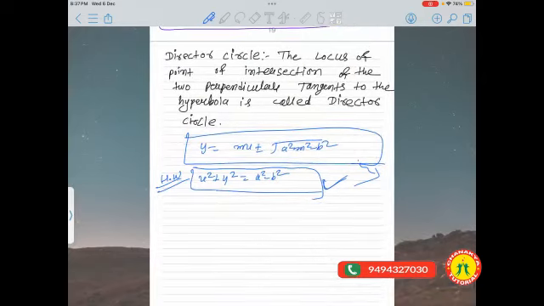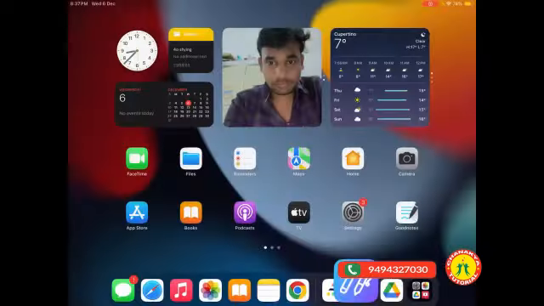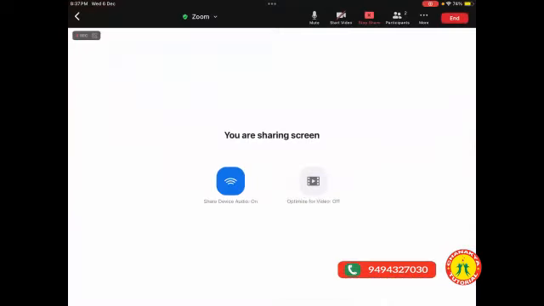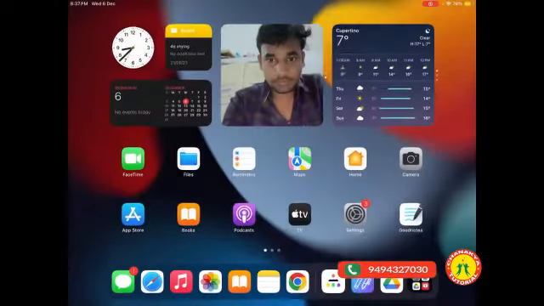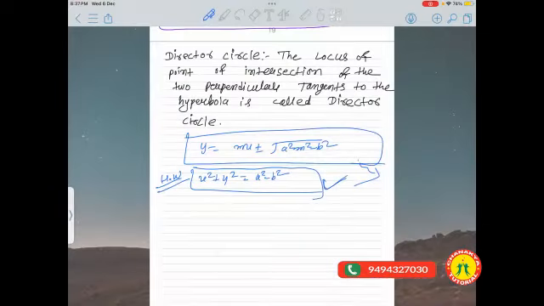डिफरेंशियल पढ़िए क्या लिखा हुआ है। Read the differential. Screen is visible to you na? The locus of a point of intersection of the two perpendicular tangents to the hyperbola is called director circle.